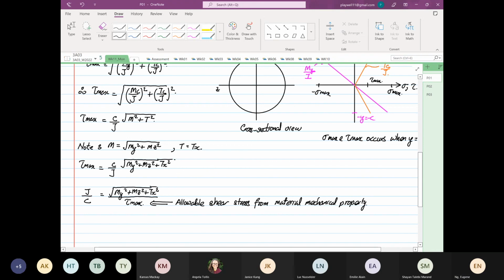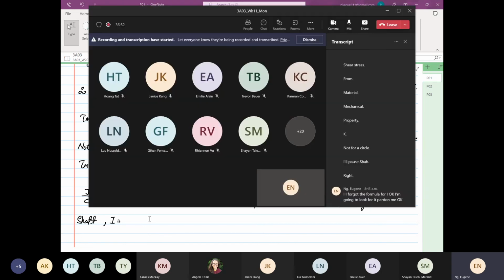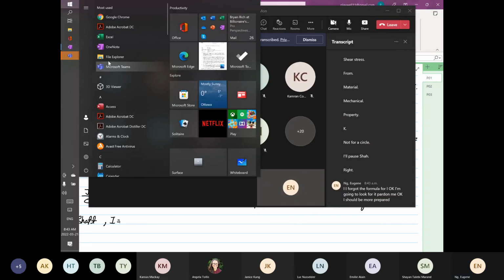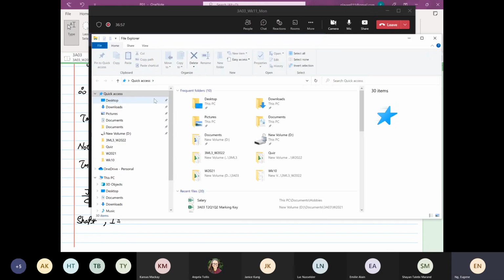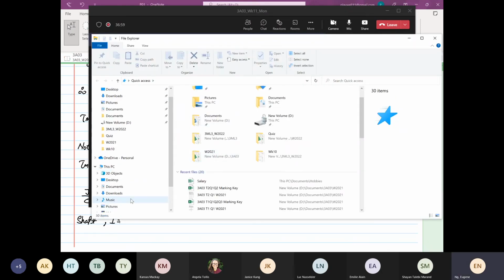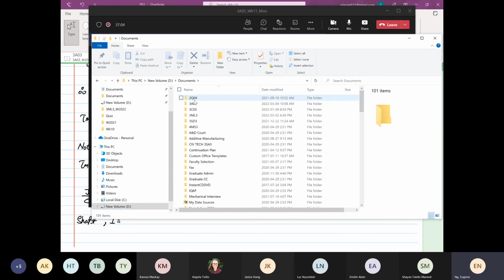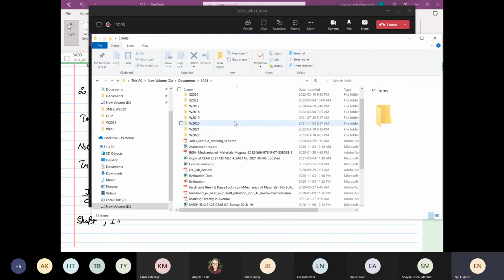Okay. Now for a circle or for a shaft, I forgot the formula for I, okay? I'm going to look for it. Pardon me, I should be more prepared. I can't remember now. So that's where the formula sheet comes in, I think. I hope you bear with me.